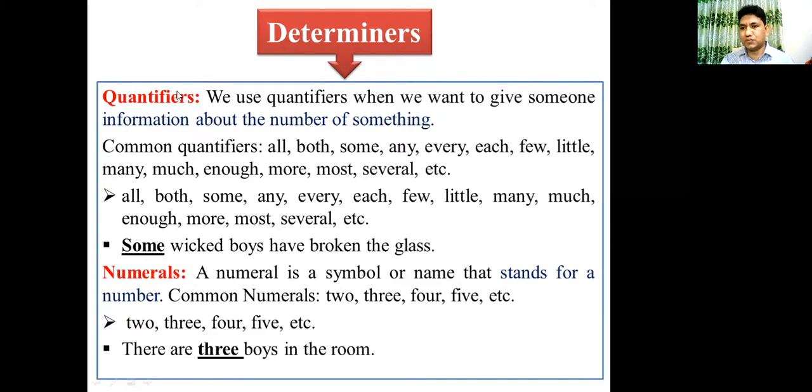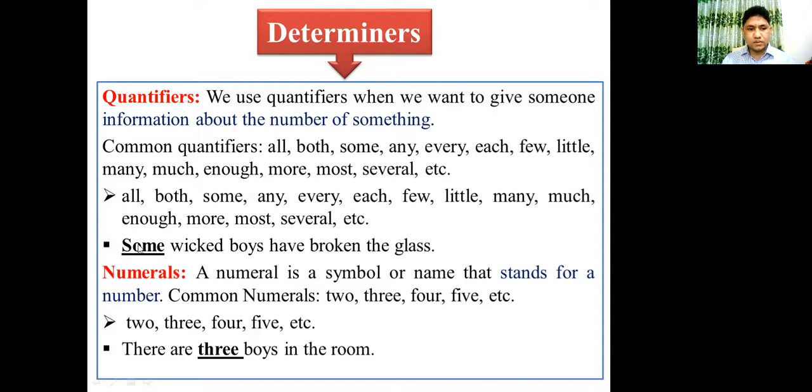Okay, there are common quantifiers: all, both, some, any, every, few, little, many, much, enough, more, most, several, etc. So these are the common quantifiers, which are basically used to indicate the number of something.